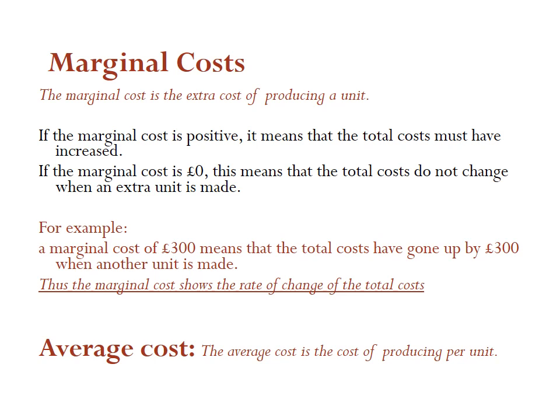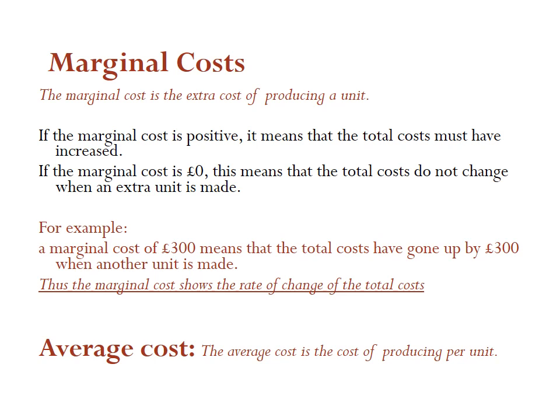So you've made an extra unit, but total costs have not changed, so your marginal cost will be 0. For example, a marginal cost of £300 means that the total costs have gone up by £300 when another unit is made. So our marginal cost, our additional cost, is £300 in that case.